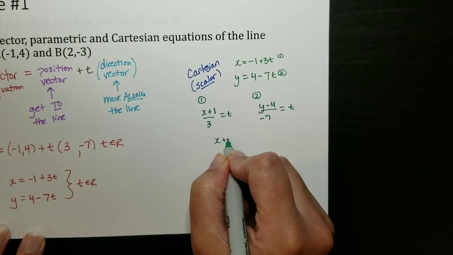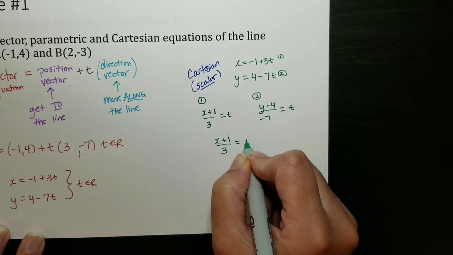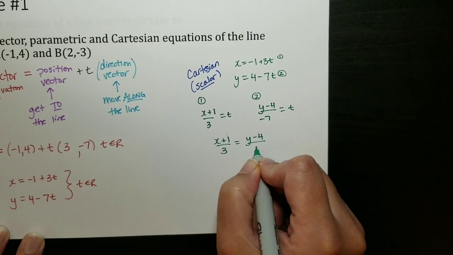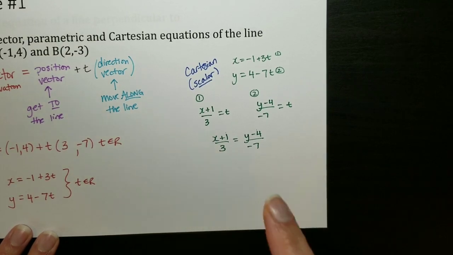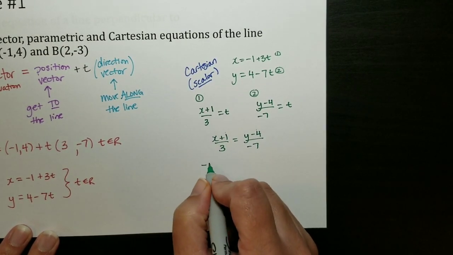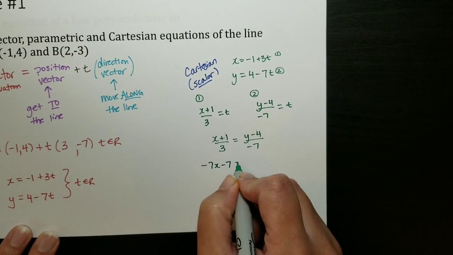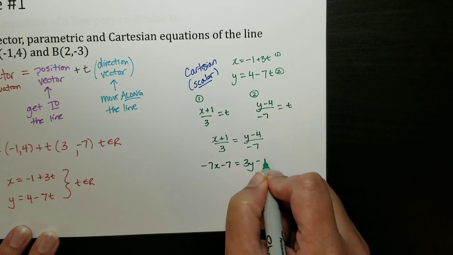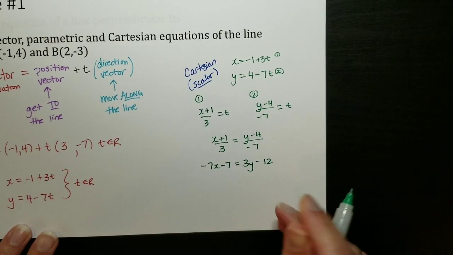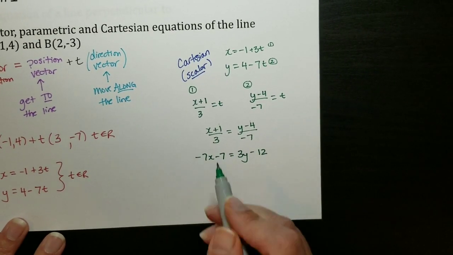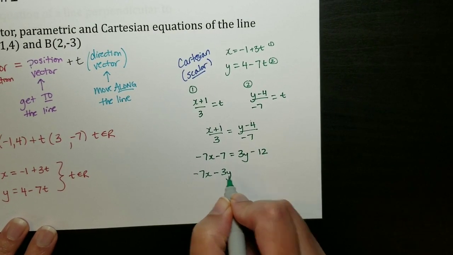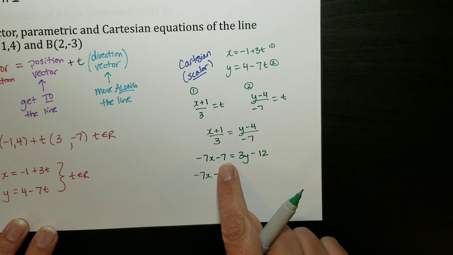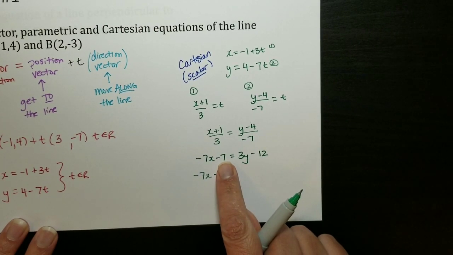So I have x plus 1 over 3 equals y minus 4 over -7. And I'm going to cross multiply these. -7x minus 7 equals 3y minus 12. Bring everything to one side. -7x minus 3y. When I bring this -12 over, it's plus 12.